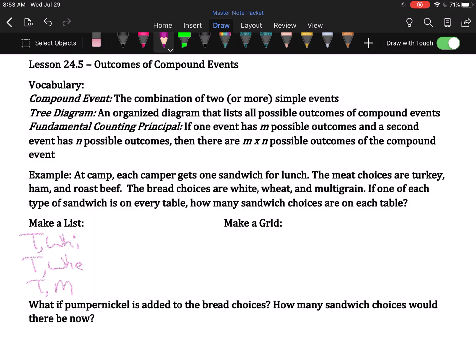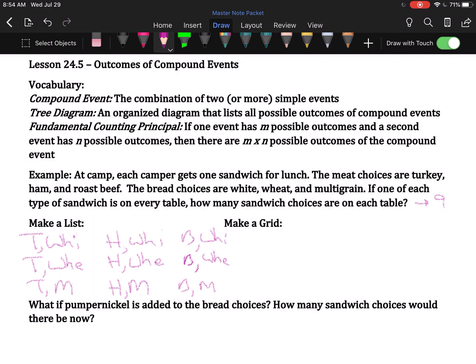We could have ham on white, ham on wheat, ham on multigrain, and we could have roast beef on white, roast beef on wheat, and roast beef on multigrain. That is a list. That's all the possibilities. There are 9 different sandwich possibilities, so there's 9 sandwiches on each table. We've answered the question, it's 9.